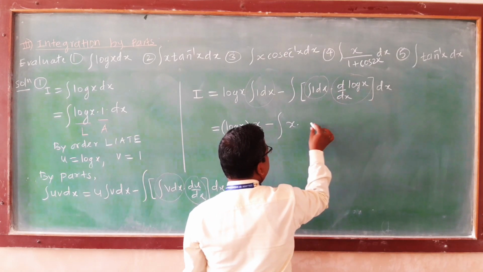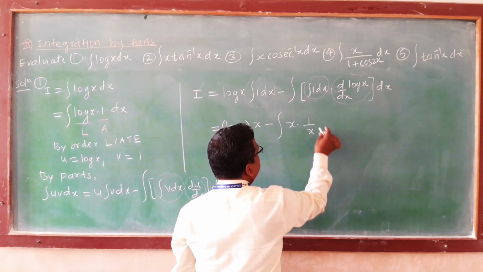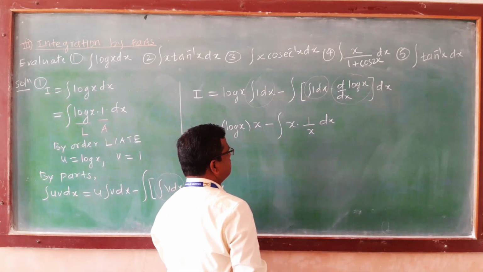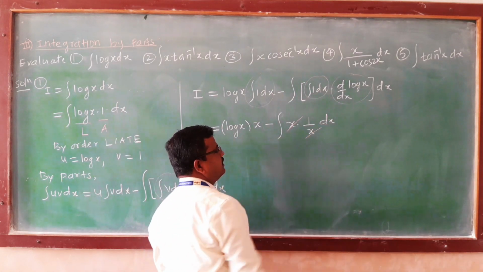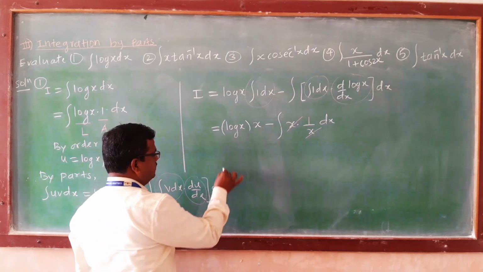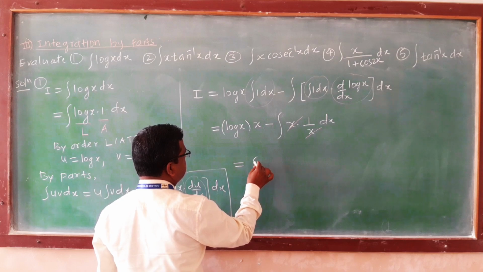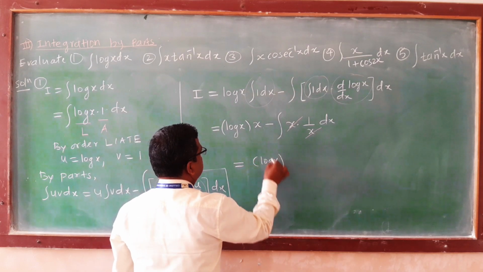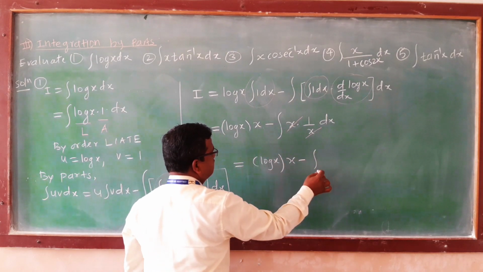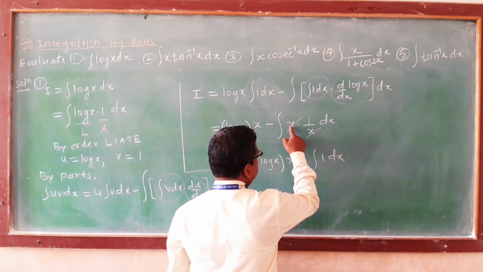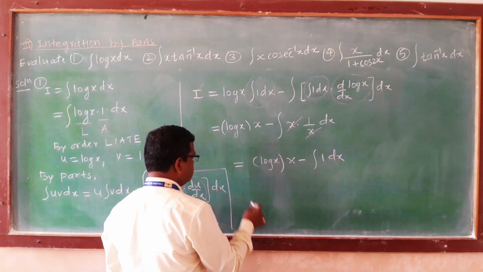This is a standard derivative. Its value is 1 upon x with respect to x. Now here x will get cancelled. I is equal to log x into this x minus integration of 1 dx. X gets cancelled, 1 dx.